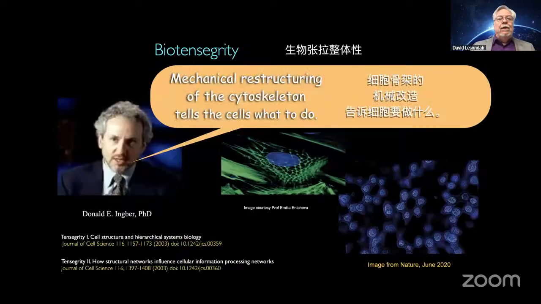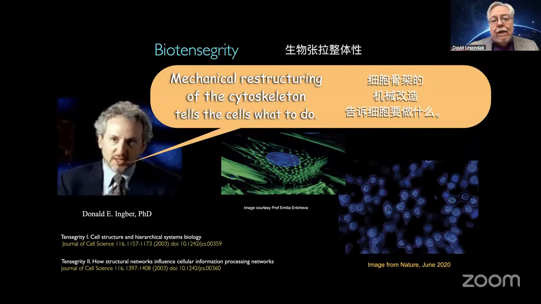Now, this is Don Ingber, who is one of my heroes. He was the one who figured out that the structure of cells is a tensegrity structure, and that if you manipulate the cell, it changes the function of the cell.